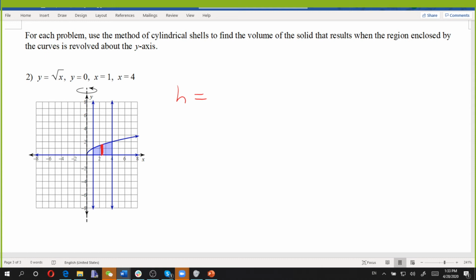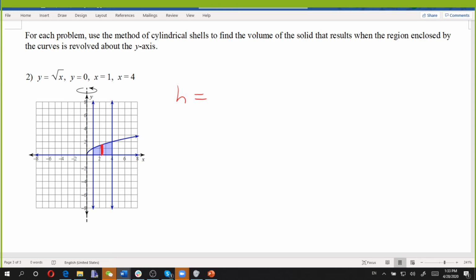Your height is always the difference in your y values. That's different from the difference in x values from the start to the end.